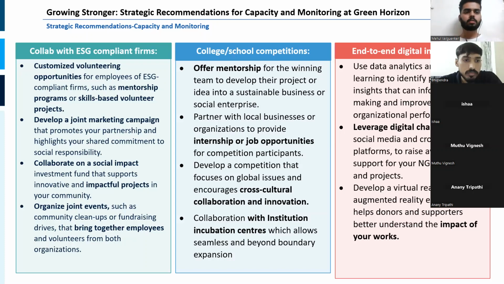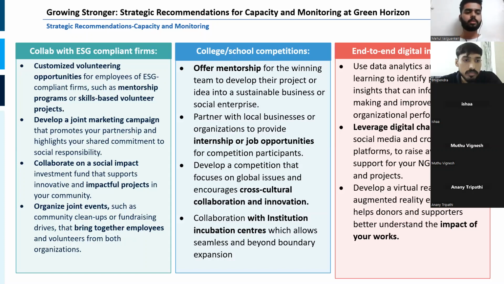So partnering with these ESG compliant firms can help the NGO to get in more volunteers for their programs, and get into the root cause, that is helping these farmers achieve sustainable farming practices.